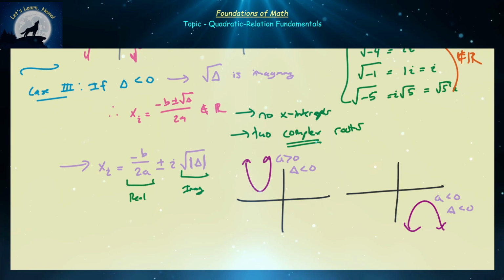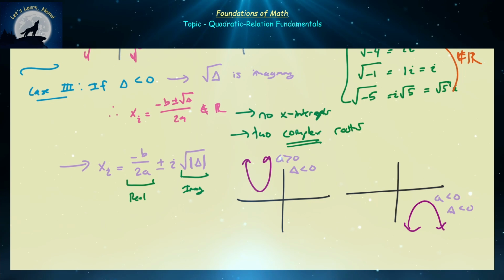So those are the 3 cases for quadratic relations where the discriminant is positive, negative, or 0, and whether the leading coefficient is positive or negative, which dictates whether the vertex is a local min or local max. And also, from this discriminant analysis, we were able to build the formula for the location of the vertex.